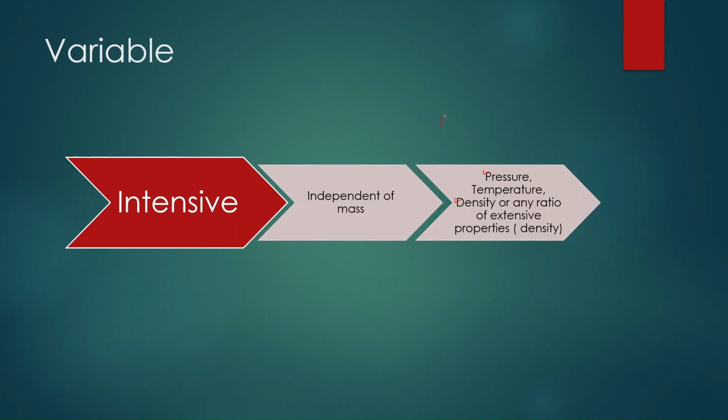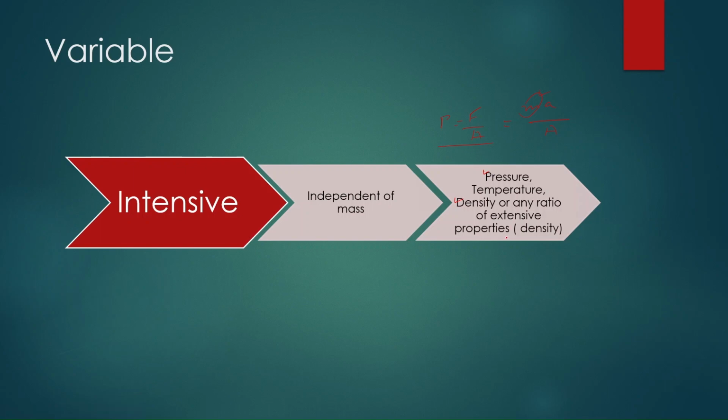Now you can ask me about the density and the pressure. Pressure is equal to F by A, and F is equal to ma. So you can ask why this is an intensive property, while the m component, that is mass, is in this expression.